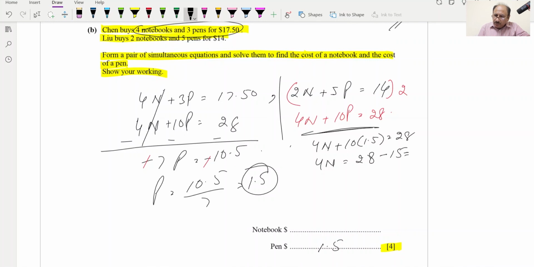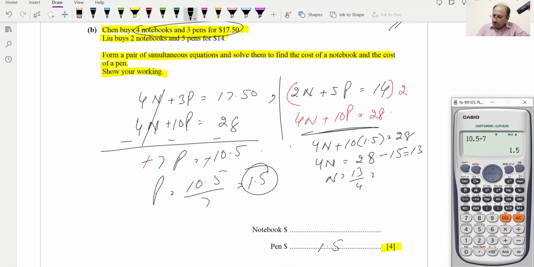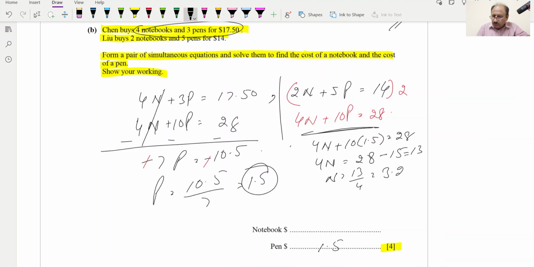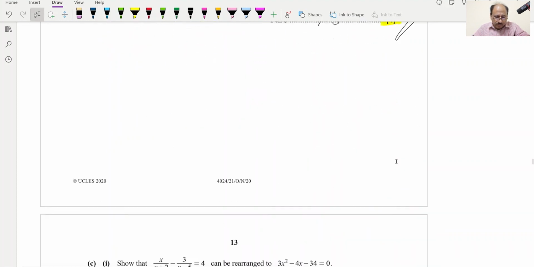So this will be equal to 13. So n is equal to 13 by 4, 13 divided by 4 is equal to 3.25. So 3.25 will be our answer for this one. This is the 4-mark question which we are done.